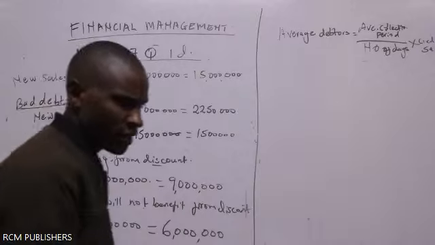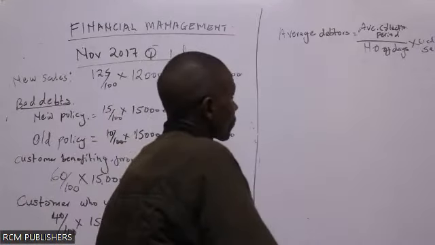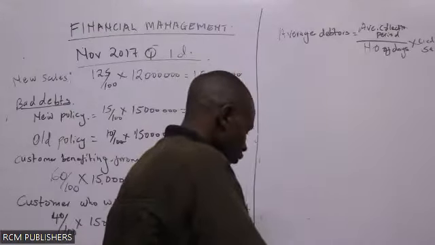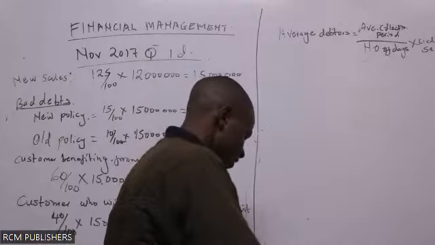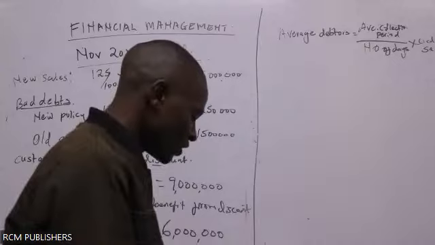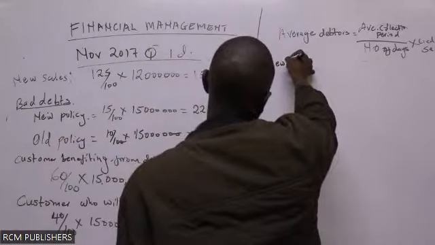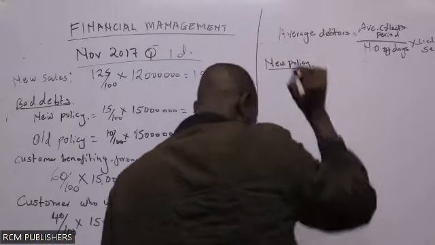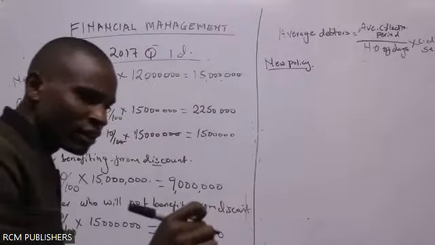You need to know that. So I want to see the new policy with offer. The new policy, this is the proposed policy. What will the offer be? We are told it is 3. The first ones will get an offer of 3/10.